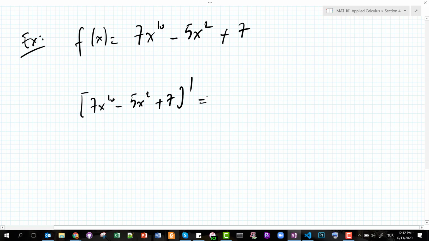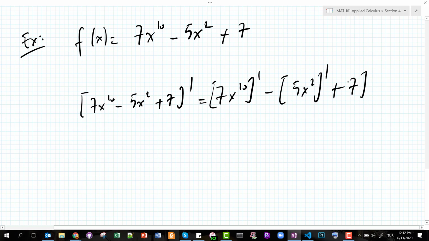What I will do is use the sum derivative rule. So I can split them up, I can separate them, and then I can take their derivative later. As you see, I have three different expressions. I can apply this rule, addition for the derivative.